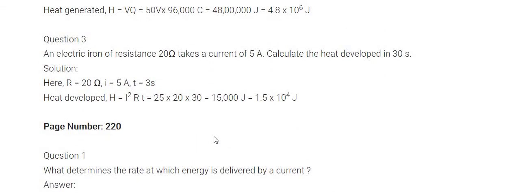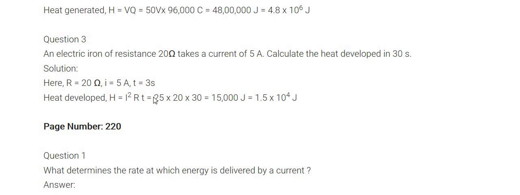Now next move further. Question number 3. An electric iron of resistance 20 ohm takes a current of 5 ampere. Calculate the heat developed in 30 seconds. Here R is given, that is 20 ohm, I is 5 ampere, and T is 30 seconds.